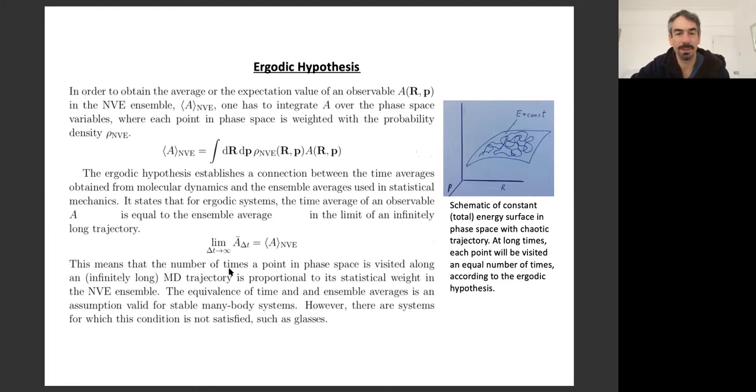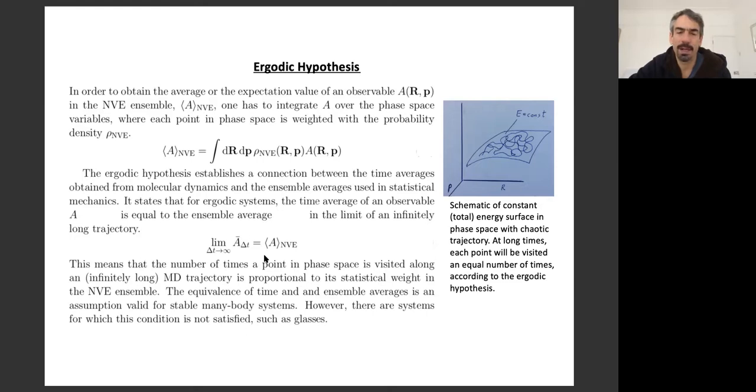So this is the ergodic hypothesis. We calculate our time average from MD simulation, and in the limit of infinite simulation time it approaches the ensemble average from statistical mechanics. Now it turns out that for most systems that's actually true, so they behave in an ergodic way.